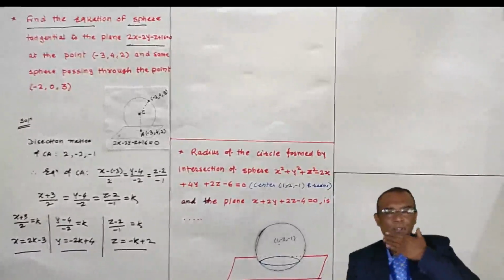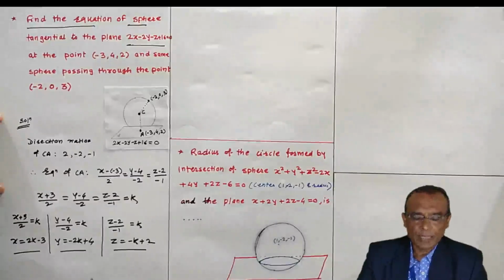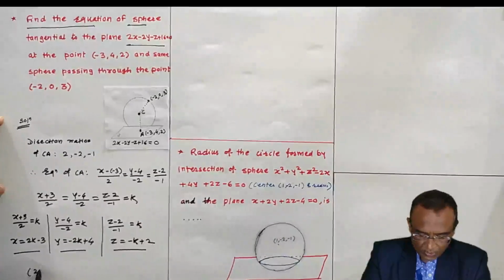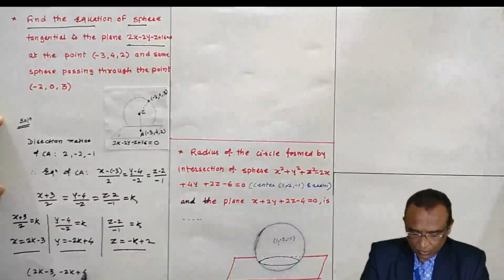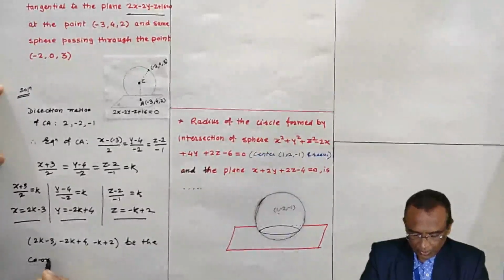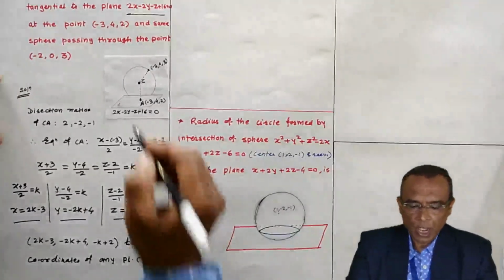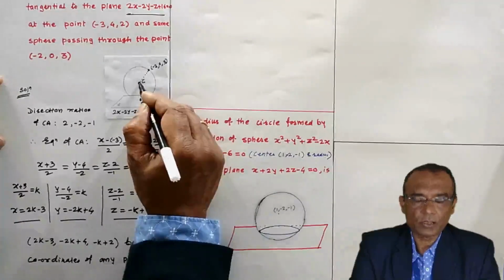And these values of x, y, z are the coordinates of any point on CA. So what I want is the coordinates of C, which is the center of the sphere.